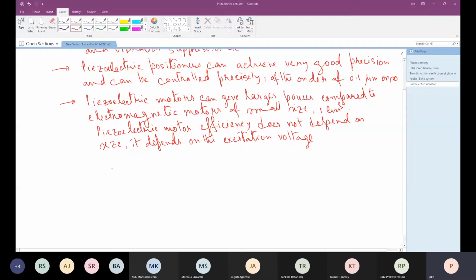So that is a big advantage if we consider smaller size devices.